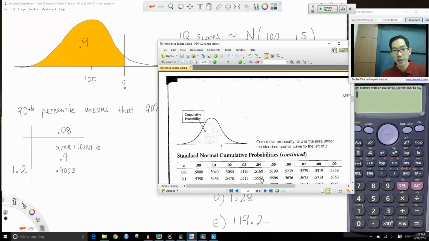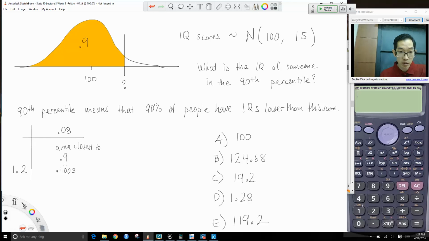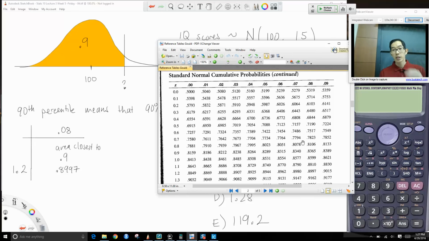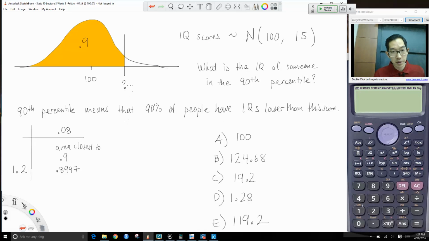Or I'm sorry, 0.8997. Okay, so we have a value very close to 90%. Not exactly, but 0.8997. That's pretty close to 90%, and that's a z-score of 1.28. So we have this z is equal to 1.28.